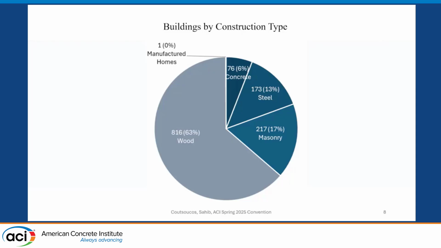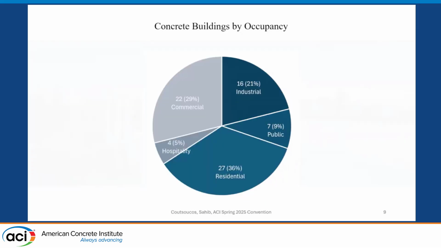Other construction types that we looked at included steel, masonry, wood, and manufactured homes. We also looked at occupancy types, which included commercial, industrial, public, residential, and hospitality. These were categorized by NSI, and the majority of the concrete buildings were commercial or residential.